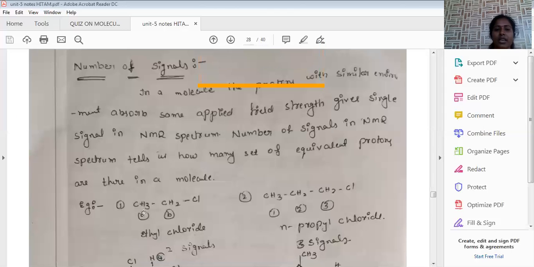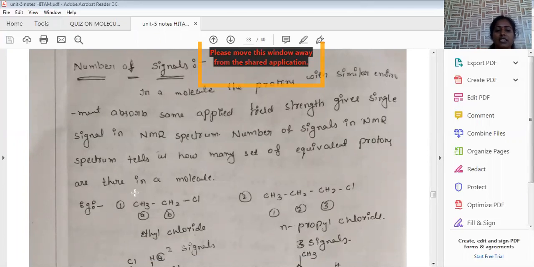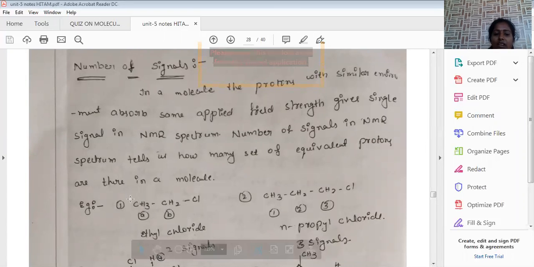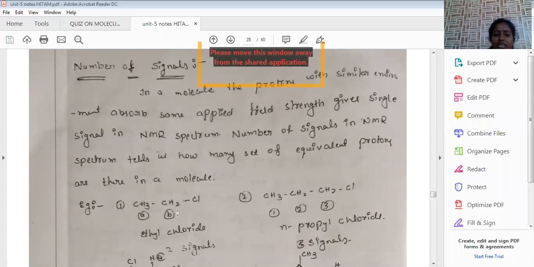Hence, the CH3 hydrogens come under one set of hydrogens. That's the reason NMR signals are given for sets of equivalent hydrogens, but not for the number of hydrogens. Here, one set of hydrogens is denoted with A, and the second set with B. Hence, we will get 2 signals for ethyl chloride.